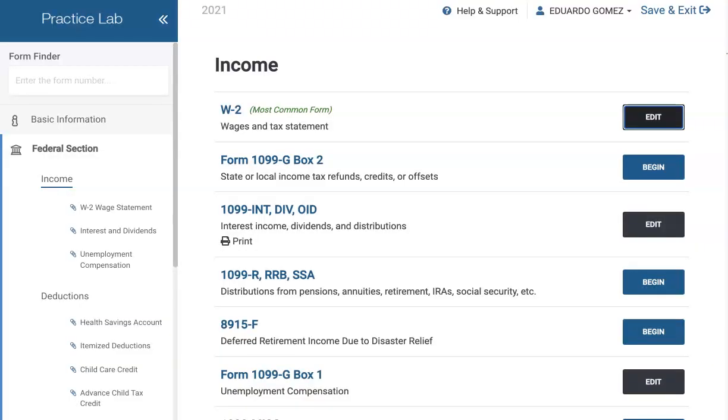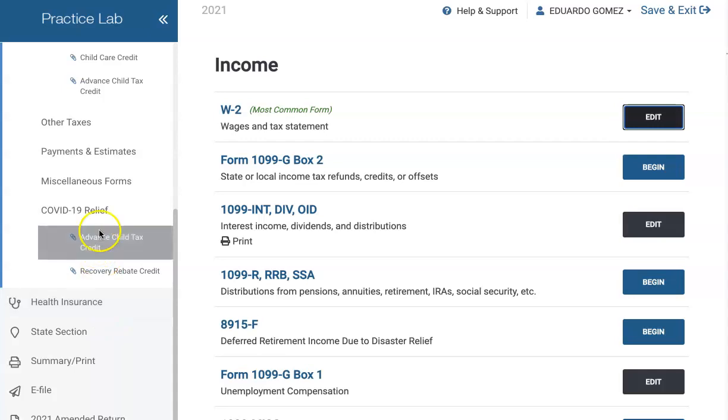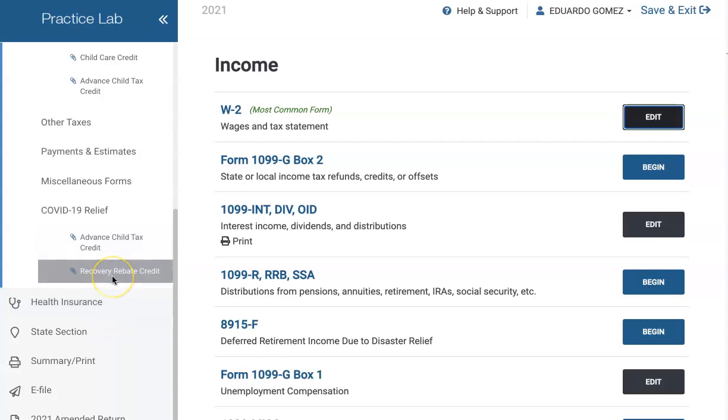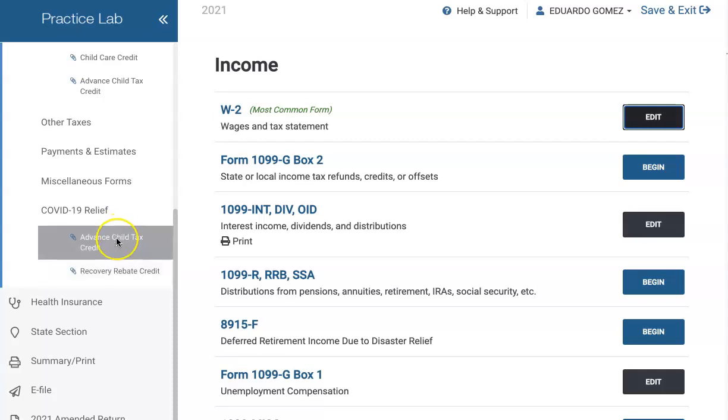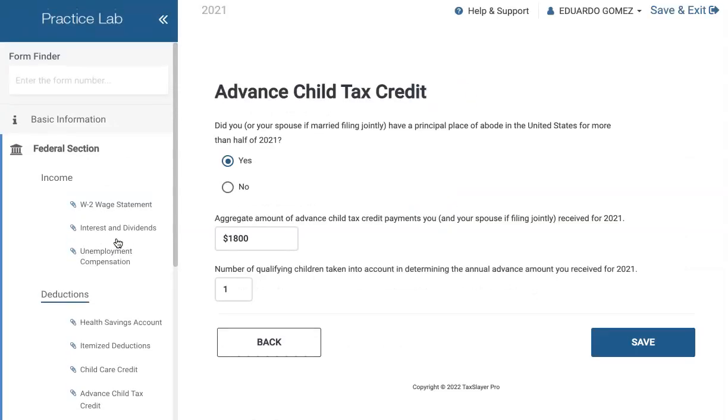So as always, you want to enter the economic stimulus payments, the RRC. That's pretty straightforward, and under COVID-19 relief, there's an entry right there. You can also use the advanced child tax credit listing there, the default, to go in.